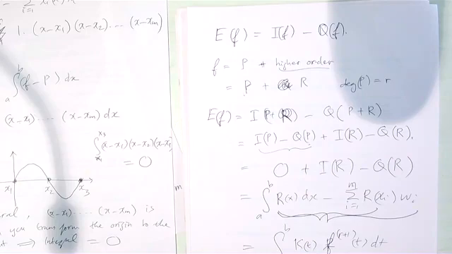So now we will take some examples. Suppose you take the trapezoidal rule. What is the Peano kernel for the trapezoidal rule? This is just another way to write Peano kernels.